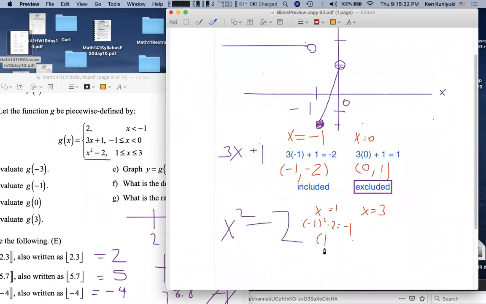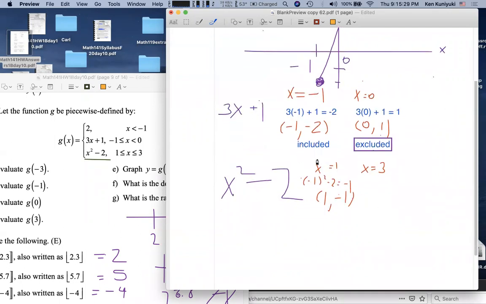Okay, so x equals 1, y equals negative 1. And that's included because of the bar. Weak inequality. X equals 3. 3 squared minus 2 is 7. 9 minus 2 is 7.